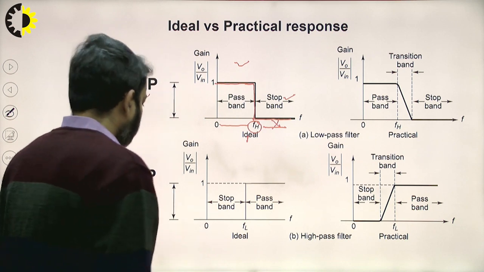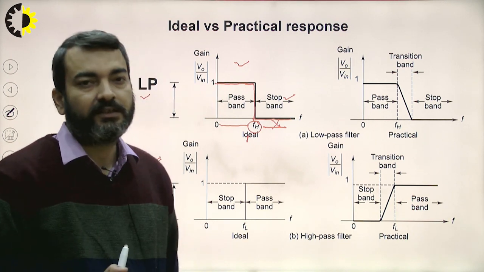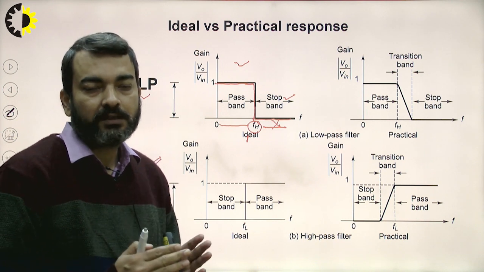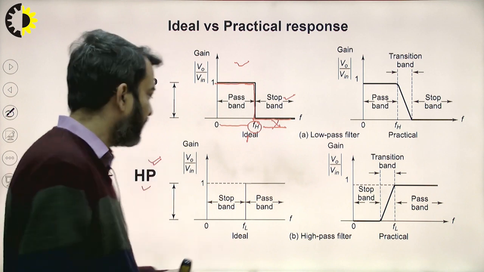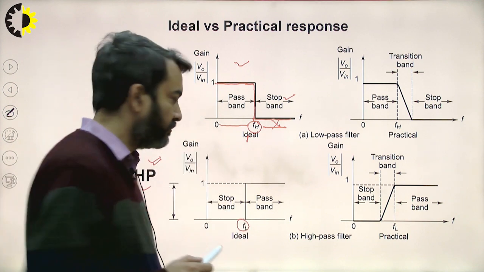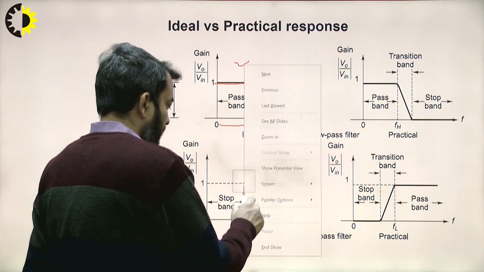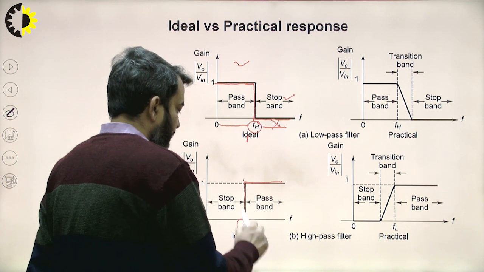In the same way, the high pass response. As is clear by name, it will pass a particular range of frequencies which are higher than this FL. So here this pass band is this much.